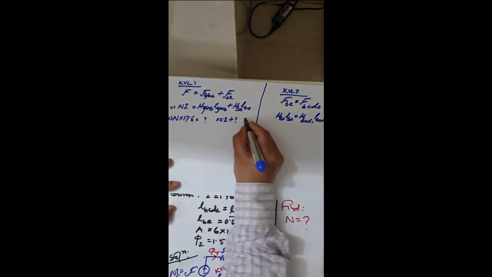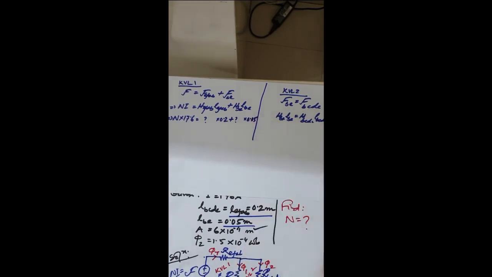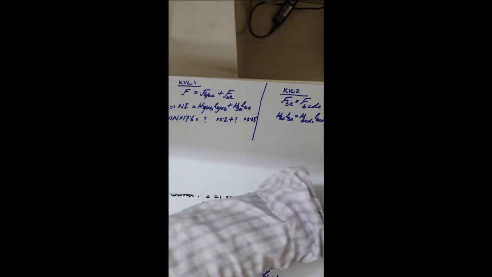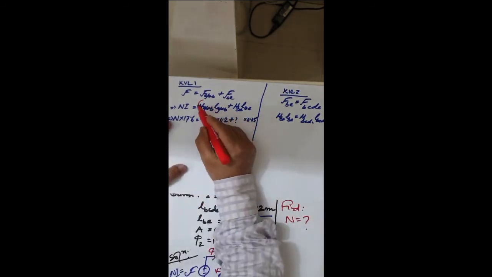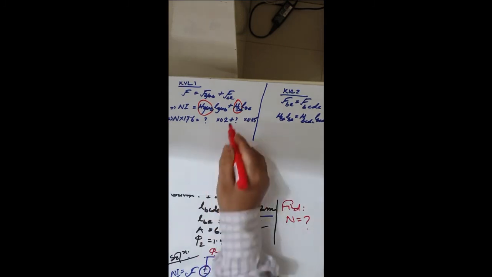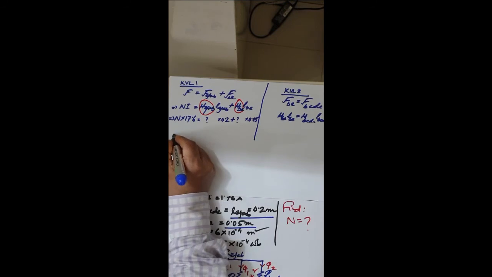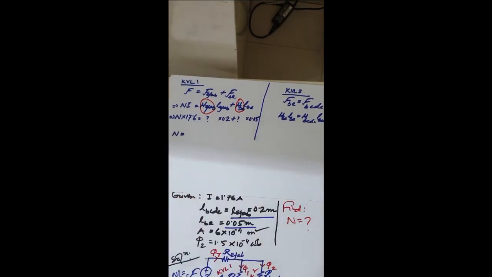I have to find it from the BH curve, and L_BE is given 0.05, so that value you are given here. So these are the two things actually we have to find. One is this, another one is this. These two, if you can find, then from here straight away you can find the value of N. Only H_EFAB and H_BE you have to find.